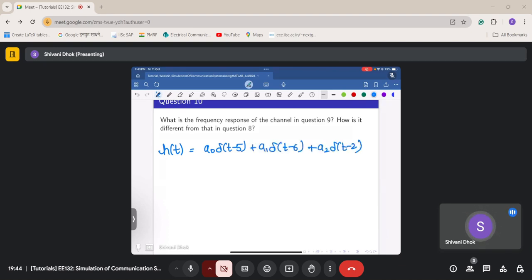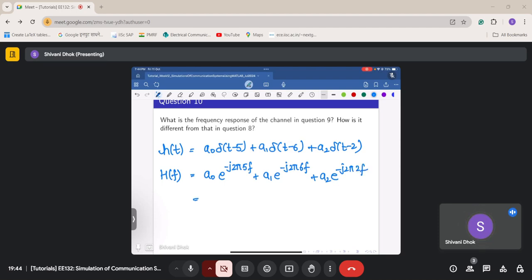Now we need to figure out the magnitude of its Fourier transform. For that, let us first find h of f. That will be equal to a0 into e power minus j 2 pi 5f, plus a1 into e power minus j 2 pi 6f, plus a2 into e power minus j 2 pi 2f.